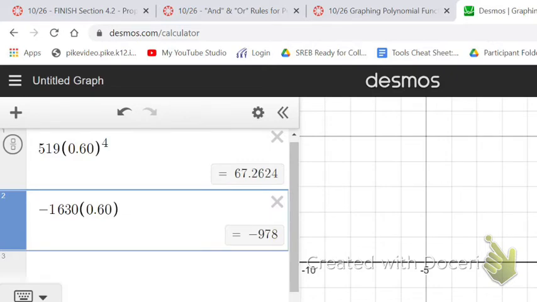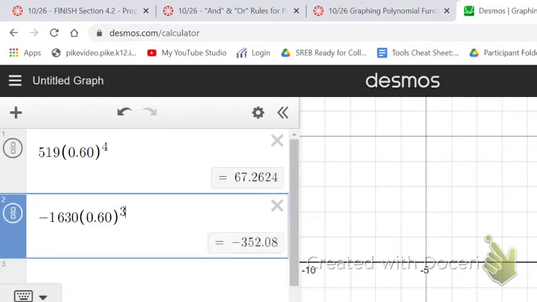Find that button that looks like the top part of a triangle and put in cubed. Make sure that you can get this value on your calculator. So far, so good? So that was minus 352.08.